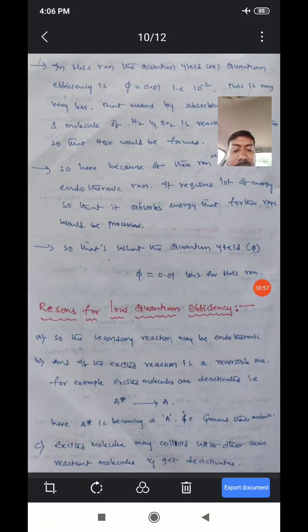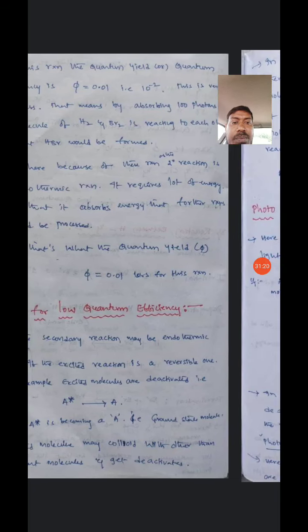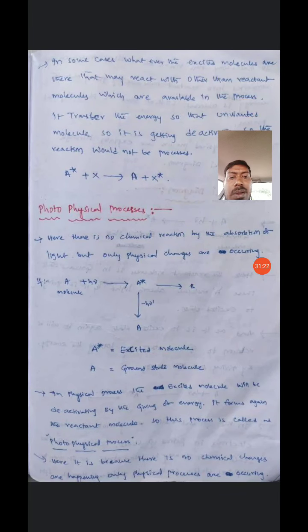And the third one, the excited molecule may collide with other than reactant molecules and get deactivated.